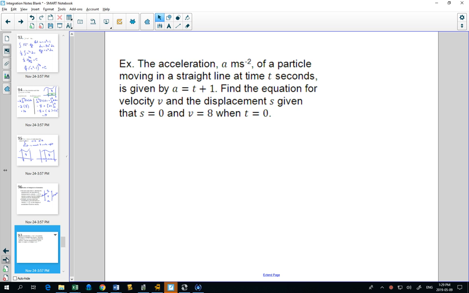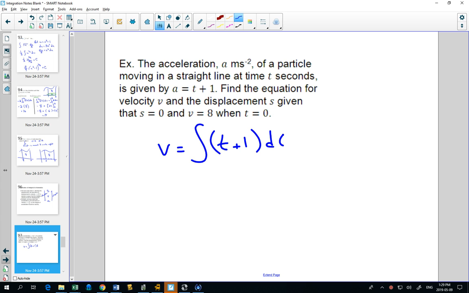So if I have my acceleration formula, then my velocity formula will be the integral of acceleration, which is t plus 1 dt. Simple integral to do, but then you would have a plus c here. So we get a velocity formula, and what do we know? We know the initial velocity is 8 when time is 0.